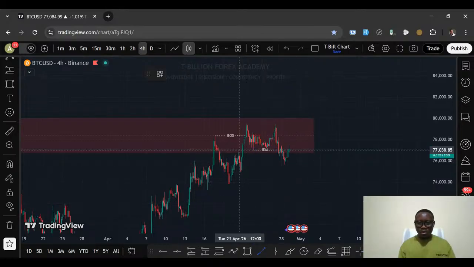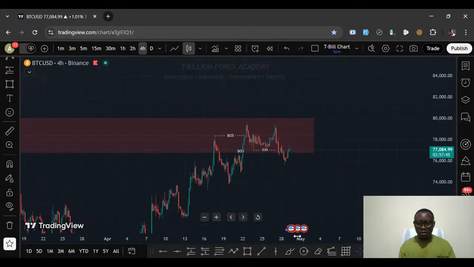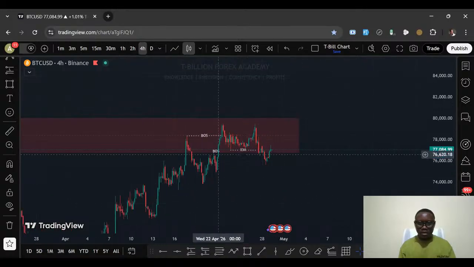We also got this break of structure right here, BOS.